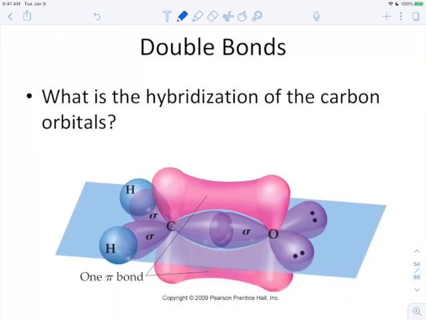So here they're asking for the hybridization of the carbon orbitals, but I'm also going to ask you for the hybridization of the oxygen. So let's draw this out again. And I want you to find the hybridization on the carbon and also the hybridization on the oxygen.